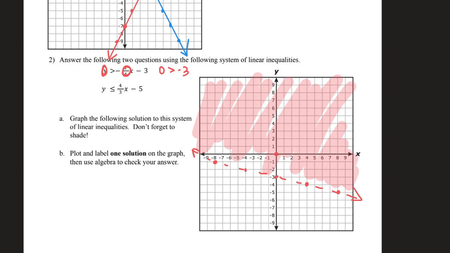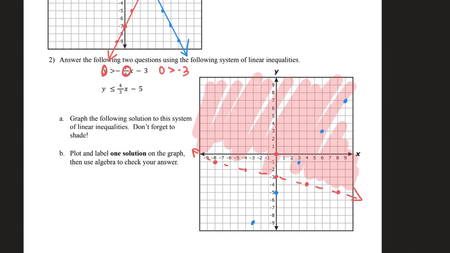Okay. Now I'm going to graph my second line in blue. So I start at -5, and my slope is 4/3. So up 4 over 3, up 4 over 3, up 4 over 3, down and to the left.